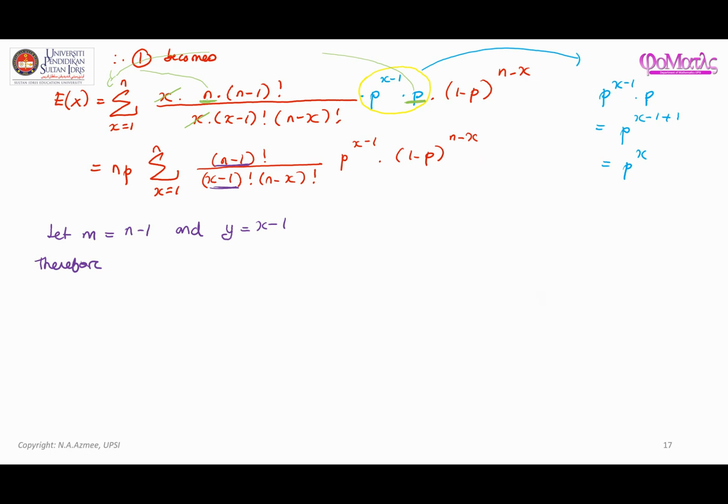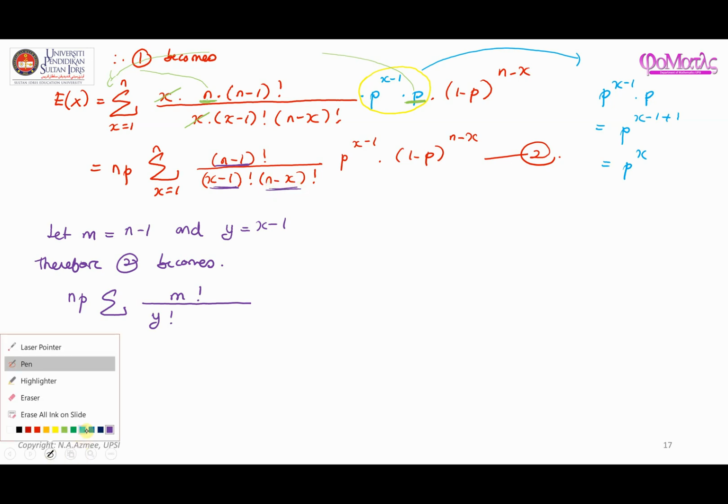So therefore, the 2 becomes np, and here we're going to substitute that with m. So here we have m factorial, and right here at the bottom we have y factorial. Now what happens to n minus x?